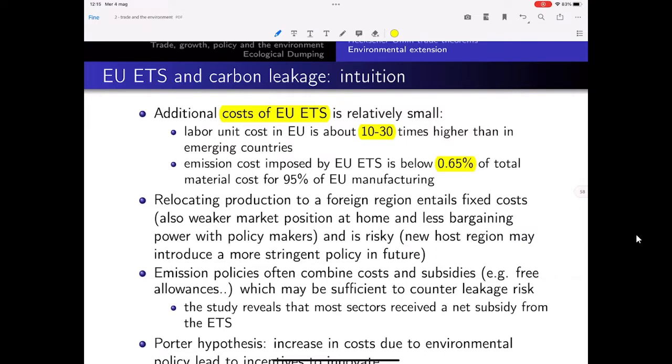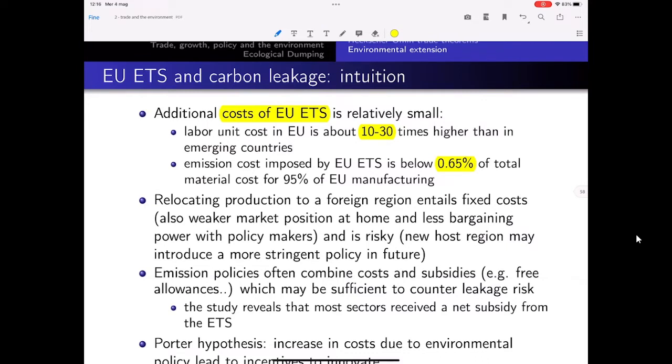That's why the impact of these costs is very, very small. So this is the first point. By estimating the direct and indirect costs of emissions, the authors conclude that they are very small. And since they are very small, the impact is very small, and therefore, according to the authors' regression results, there is no evidence for carbon leakage.